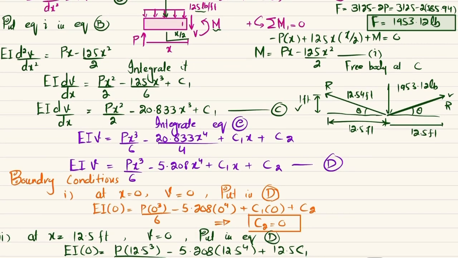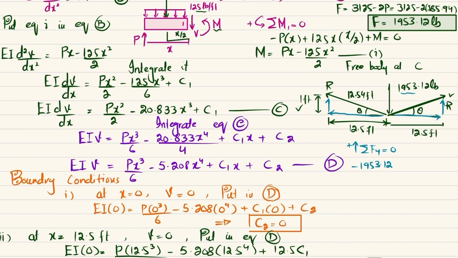Okay, so we are interested to find this R. So we will apply the equation of equilibrium, that the sum of all forces along the y direction must be equal to 0, and upward force is taken as positive. This force is downward, so I will write minus 1953.12, and there are two components of this. One is this one and the other is this one. So we will take the vertical components only. So this vertical component will be equal to R sine of theta. So I will write 2 times, because one force and one other force vertical component is there.